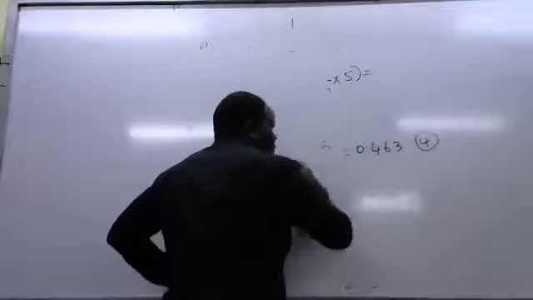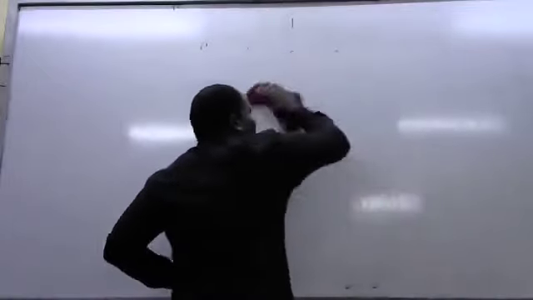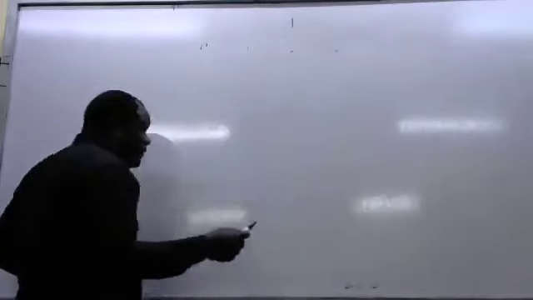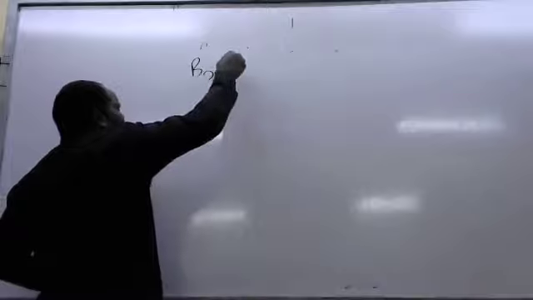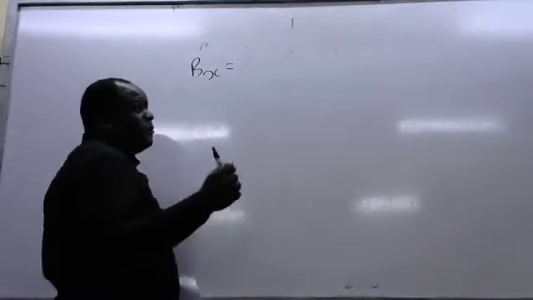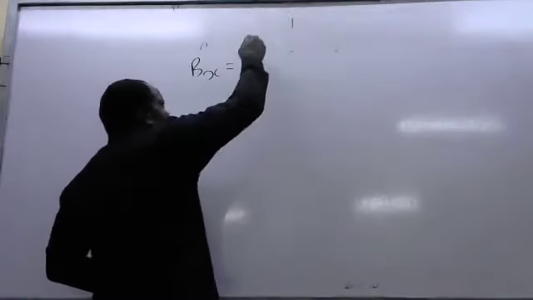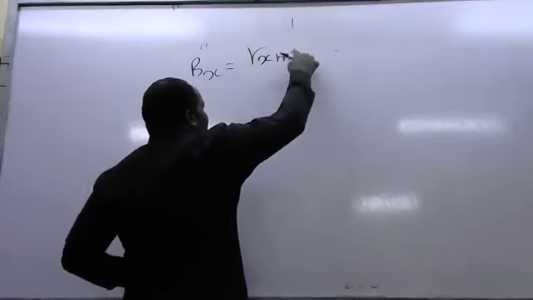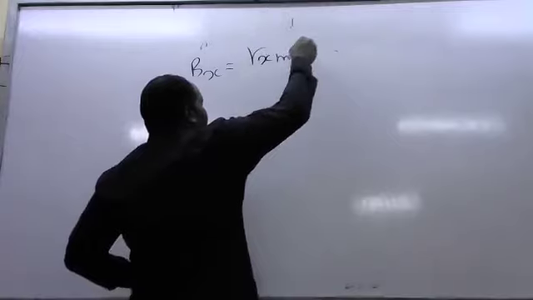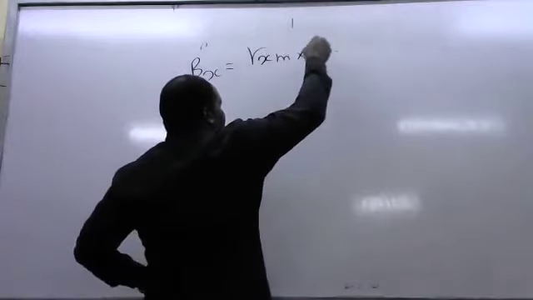So one of the formulas I had given you: the beta factor of, let's say, project X is supposed to be given by the correlation coefficient between project X and the market multiplied by the standard deviation.